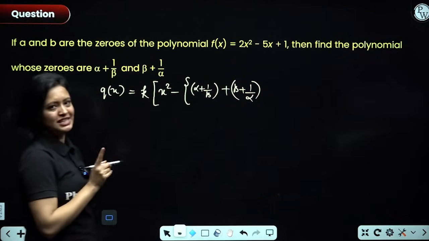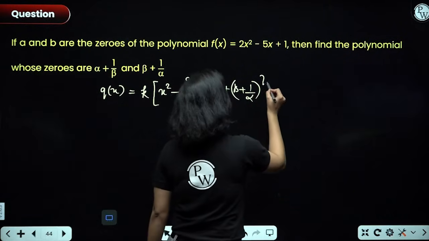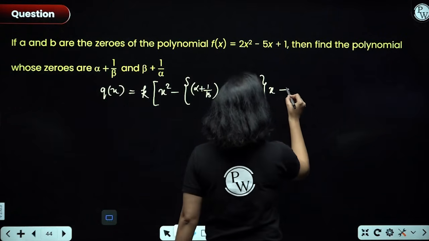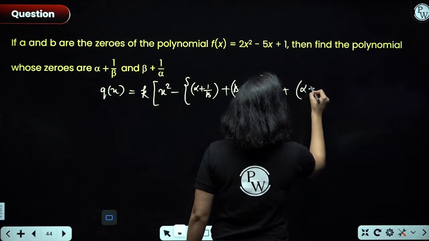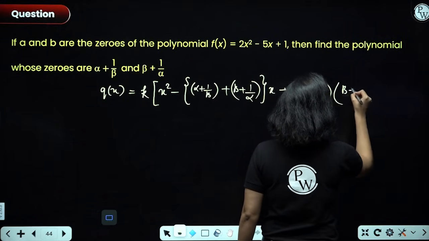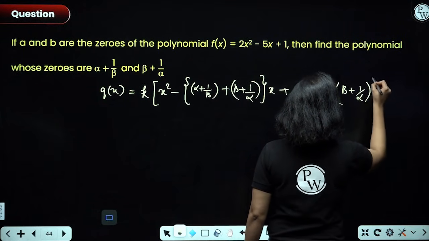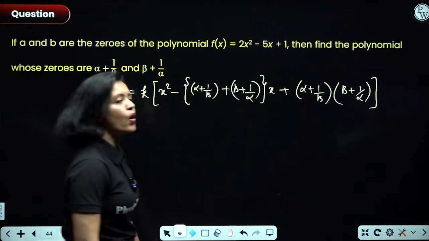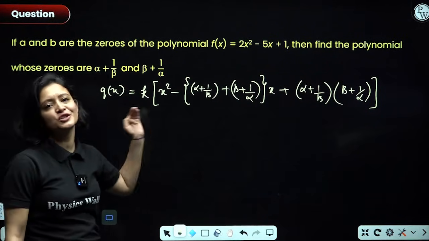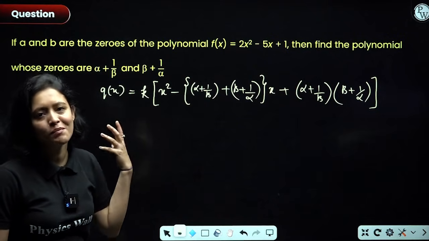So, sum of zeros multiplied with x plus product of zeros. Product of zeros would be what? Alpha plus 1 by beta into beta plus 1 by alpha. Right, everyone? This is what your polynomial will look like. I have just used the formula that we have mugged up.